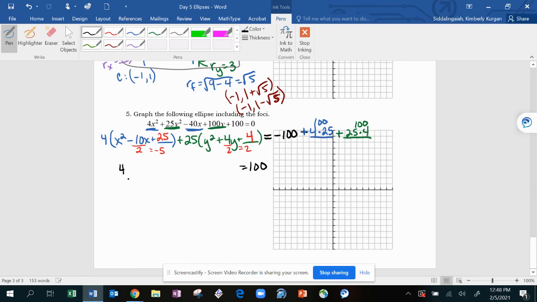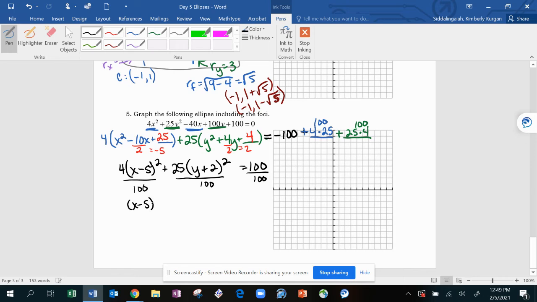Let's see what's going on over here. I'm going to have 4 times x minus 5 quantity squared plus 25 times y plus 2 quantity squared equals 100. So this should start to feel a little more familiar to an example we did in class today. I don't want the 100 there, I want a 1. So I'm going to take every term and divide it by 100.